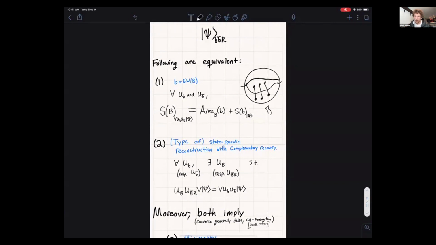If you are allowed to do operations that weren't product unitaries, certain operations could, for example, map this to a state like this, where you take all those Bell pairs and turn them into factorized states, removing the entanglement, changing the entanglement wedge to this. But somehow if you're limited to only acting within some small region, then maybe you can... it's still somewhat local, but not. Certainly there's no problem if you can only act in this region.